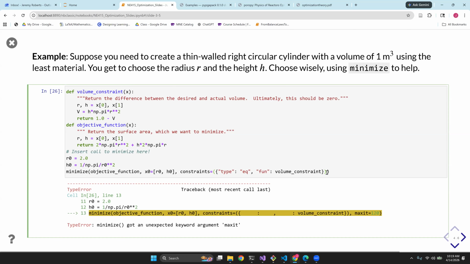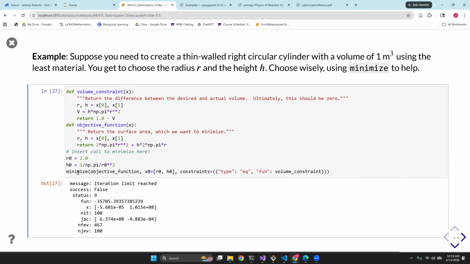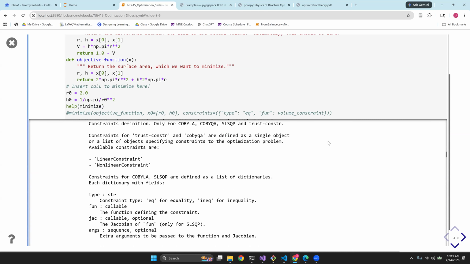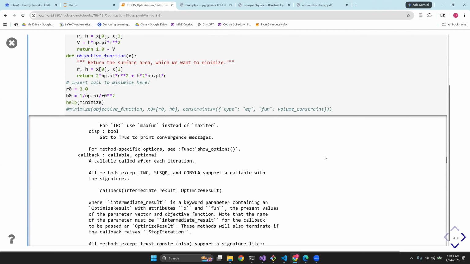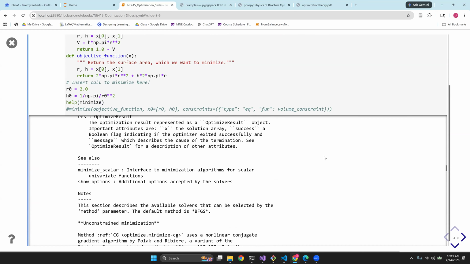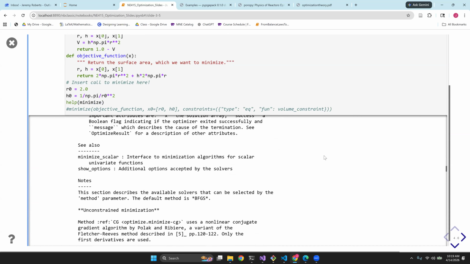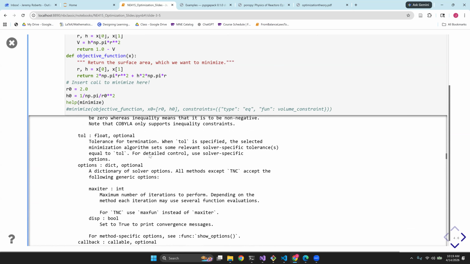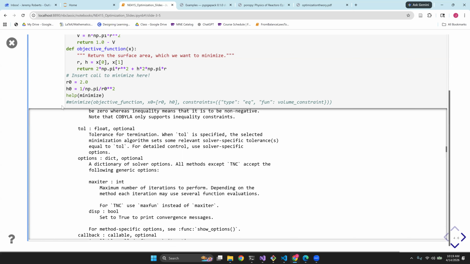I think it goes into the options, which is probably a dictionary, right? Let's see what help on minimize says. Obviously, the documentation for this is not small, right? So it's a function that lets you do... Oh, maxiter, in the options dictionary.